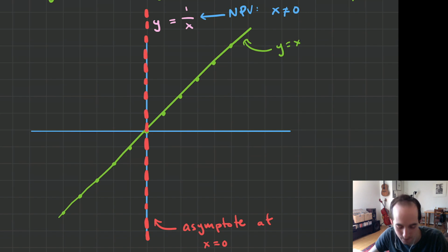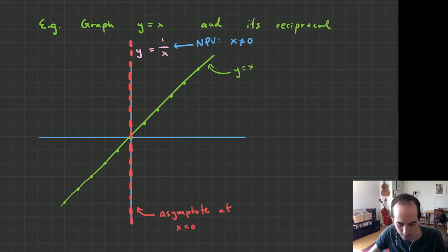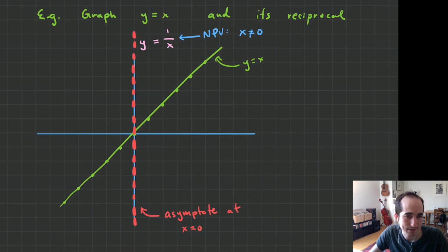So the question was, if we're graphing the reciprocal of a function, will the asymptotes of the reciprocal function correspond to the x-intercepts of the original function? And the answer is yes.